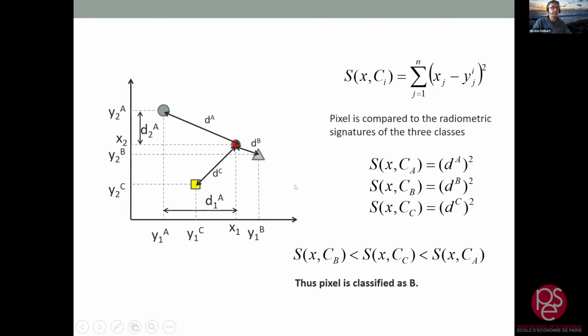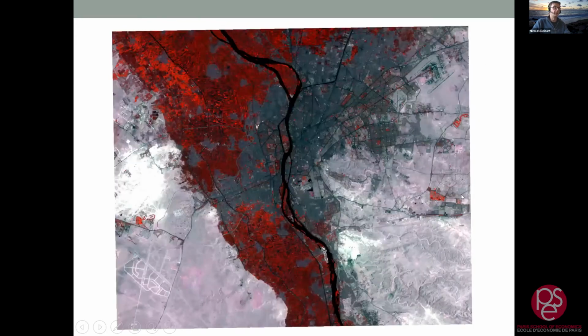So here, the distance between the pixel and each class is calculated, and the computer makes a decision to classify this pixel as B because this distance is smaller than this one and this one. And the same calculation is done for every pixel. So basically, if we take this example, it is in Egypt, in Cairo city.